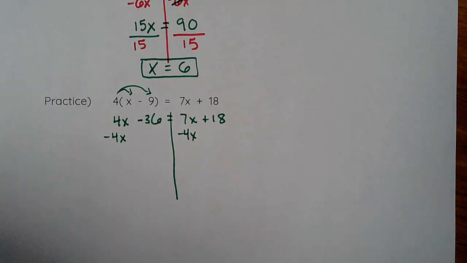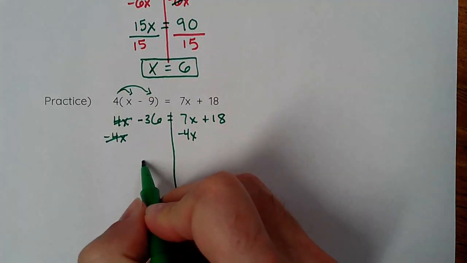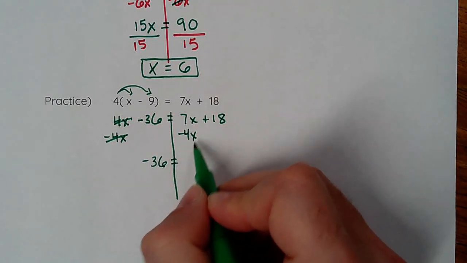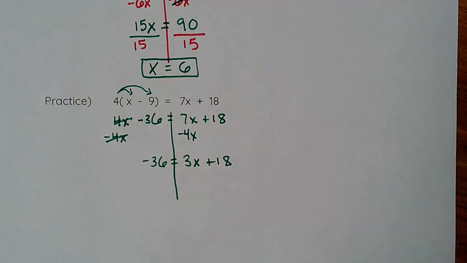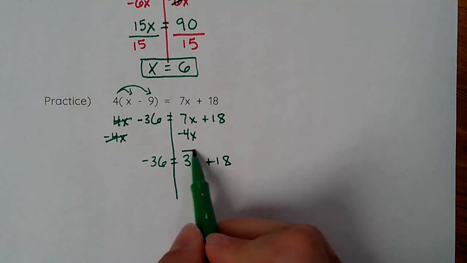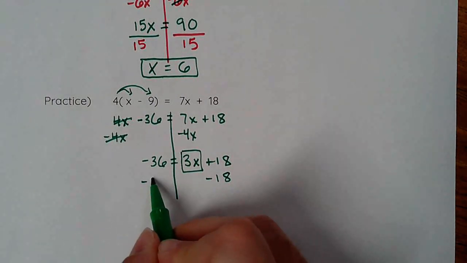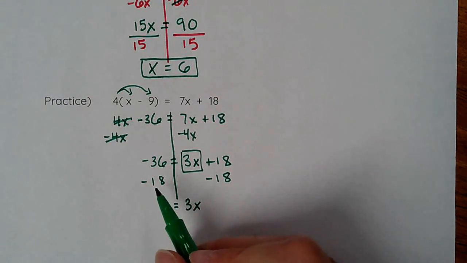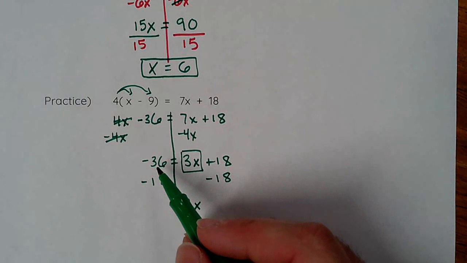Negative 36 on the left. Now, again, don't forget this subtraction sign is also a negative in this case, so negative 36 equals 7x minus 4x is 3x plus 18. In a box, subtract 18. Now again, we have to be really careful here with this negative 36 minus 18.